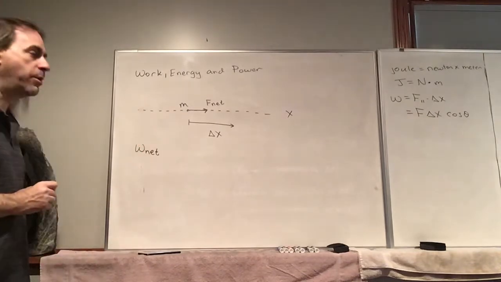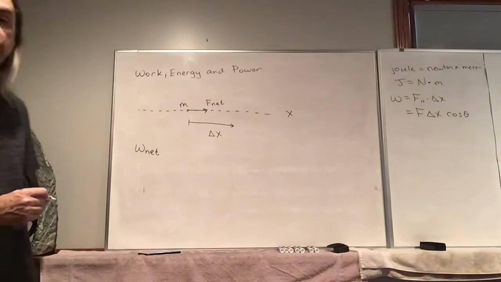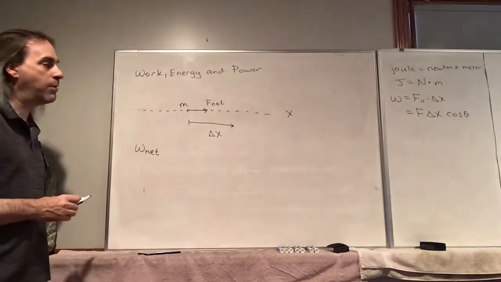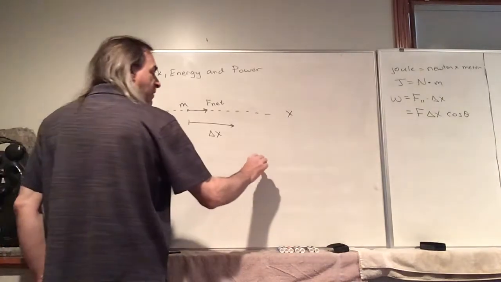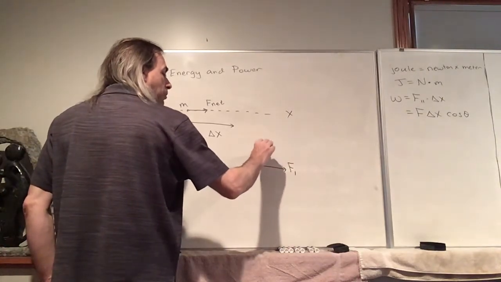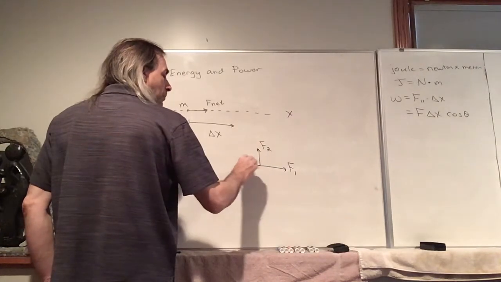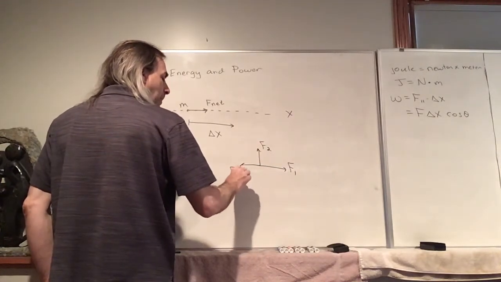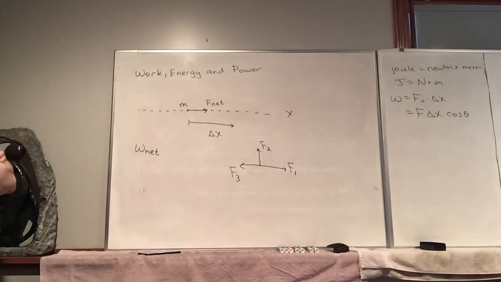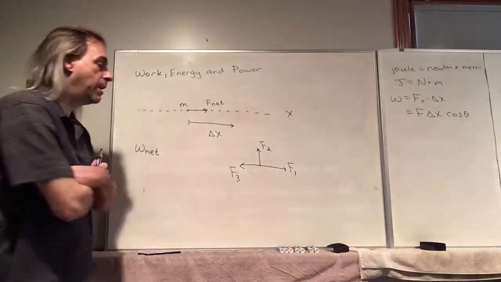Now the net work, we could calculate in two different ways. One way, let's say we have three forces acting on an object, say F1, F2, and F3. We can calculate the work due to each of those forces individually and add it up.